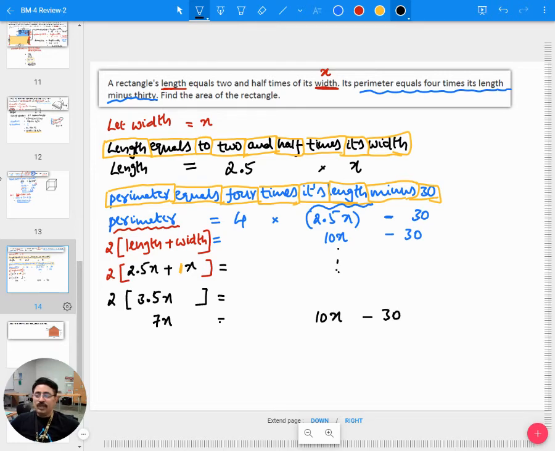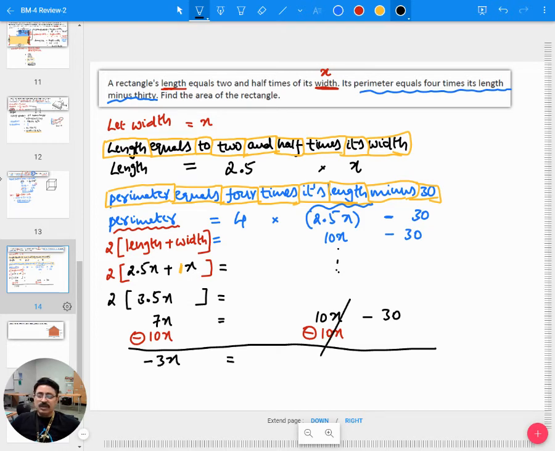Okay. So once you get this, you know how to isolate the variables, or else you know how to do the jugglery part. So let me take away 10x here. This algebra part, I'm pretty sure that you can do it. So 7x minus 10x, I'll get negative 3x equals to negative 30.